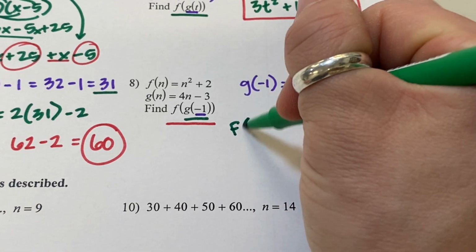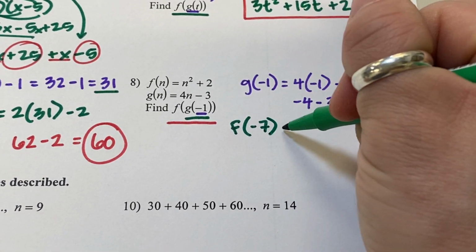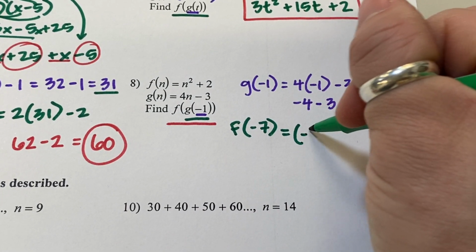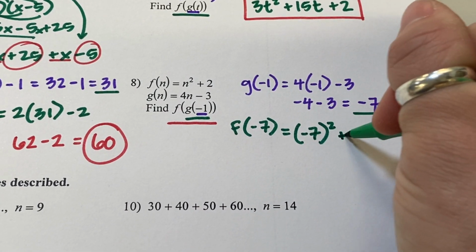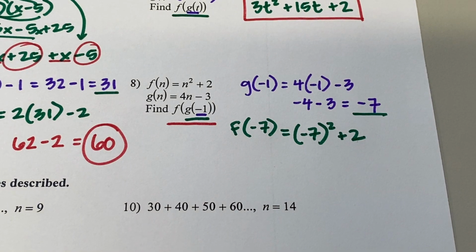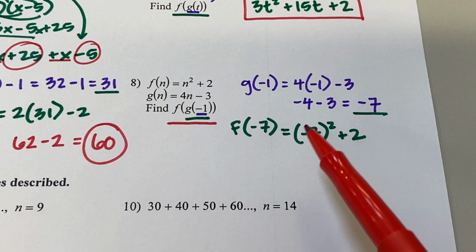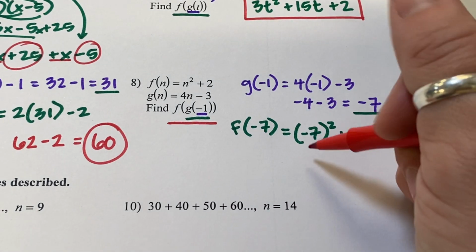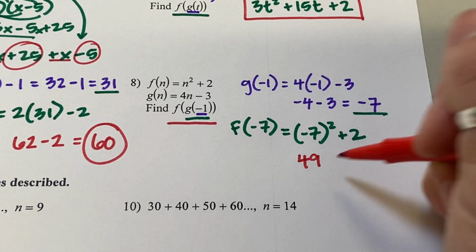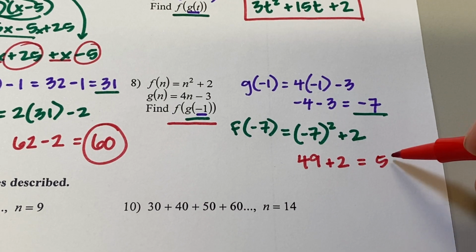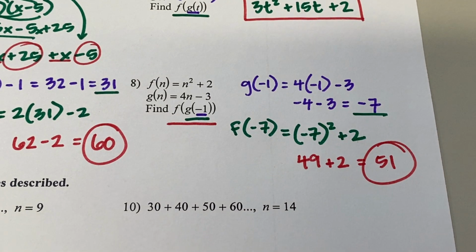So we'll say this is f of -7. And this becomes, instead of n squared, it's -7 squared plus 2, which is going to give us our final answer here. Negative 7 squared, or think negative 7 times negative 7, is positive 49. Final step, add the 2, gives me my final answer of 51.